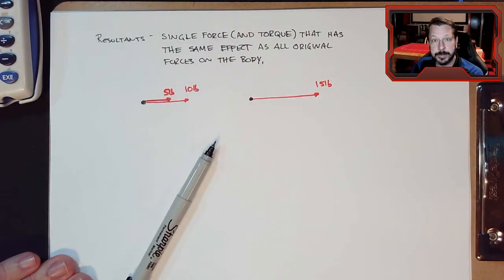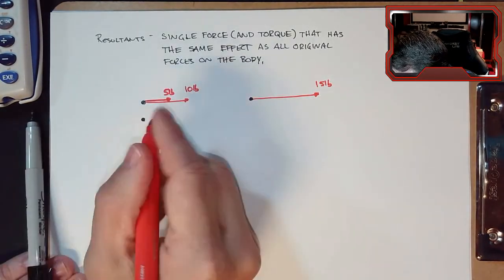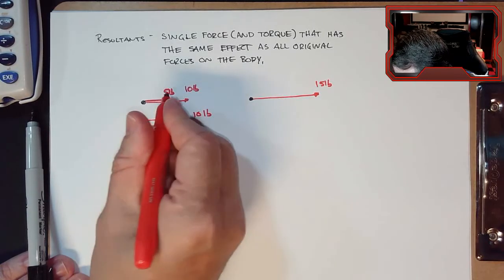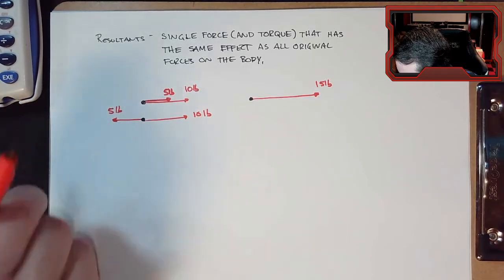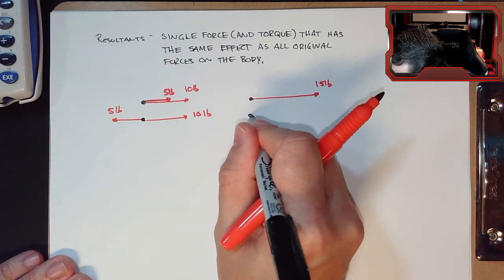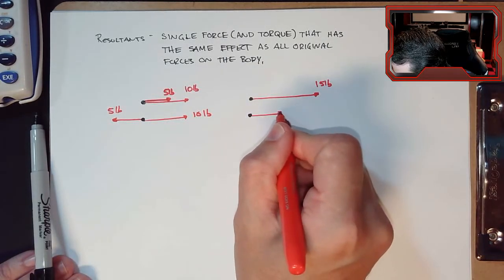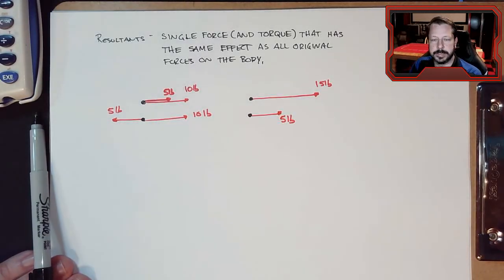So that's a simple way to think of resultants. Another simple way, maybe I've got that 10-pound force I'm pushing with, and the other person over here is pulling 5 pounds. So the resultant would be a net effect of 5 pounds. So 10 minus 5, because they're counteracting each other.